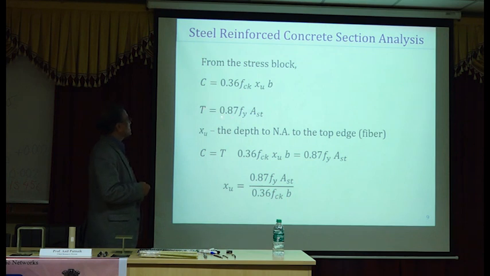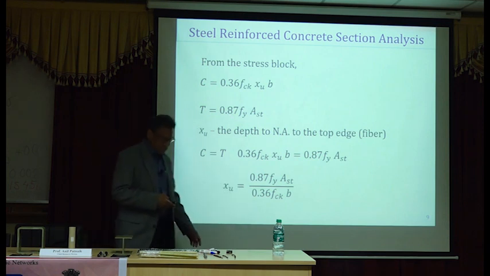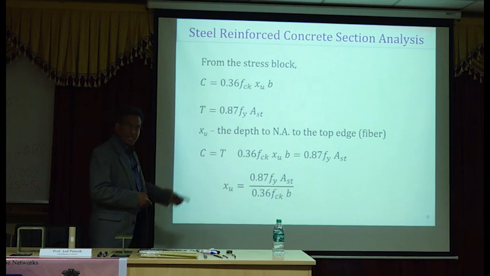What about the total tension? 0.87 Fy, that's the average stress, times area of steel, Ast. Then once you establish equilibrium, C equals T, and that will give you this equation here, xu equals 0.87 Fy Ast over 0.36 fck b. That's what I think is given in IS 456.